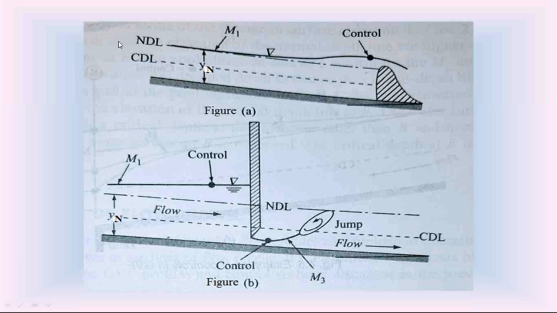After some distance, the depth of flow becomes the same for successive sections. Every time we calculate the length of the water surface profile from section 1 to section 2, section 2 to section 3, section 3 to section 4, section 4 to section 5, like that.